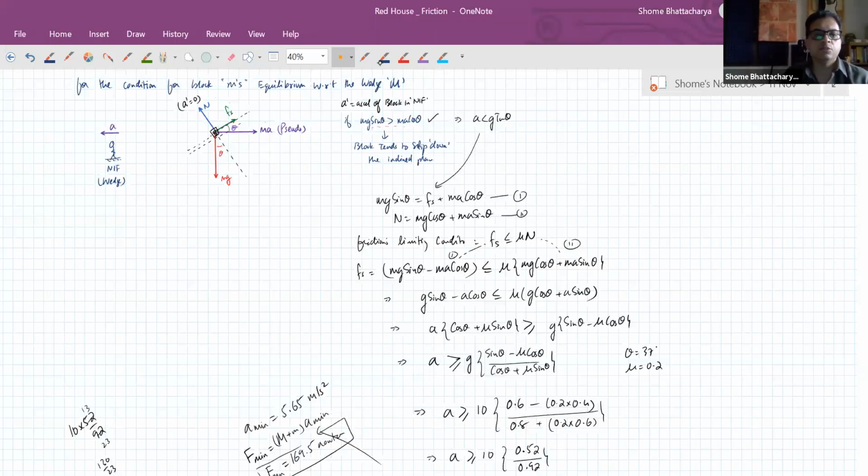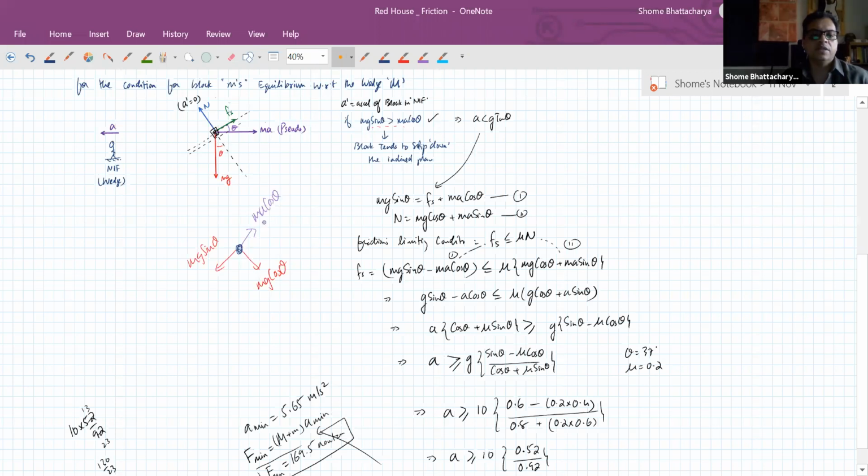So let me make the free body diagram once more with the forces resolved. If you look at the FBD with the forces resolved, mg sin theta is trying to make it slide down the inclined plane, whereas your pseudo force's cos component is trying to counter that.